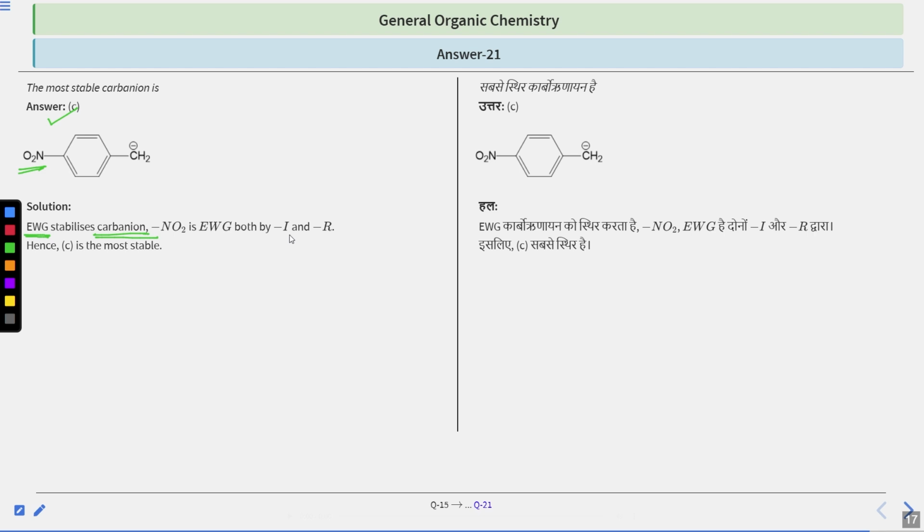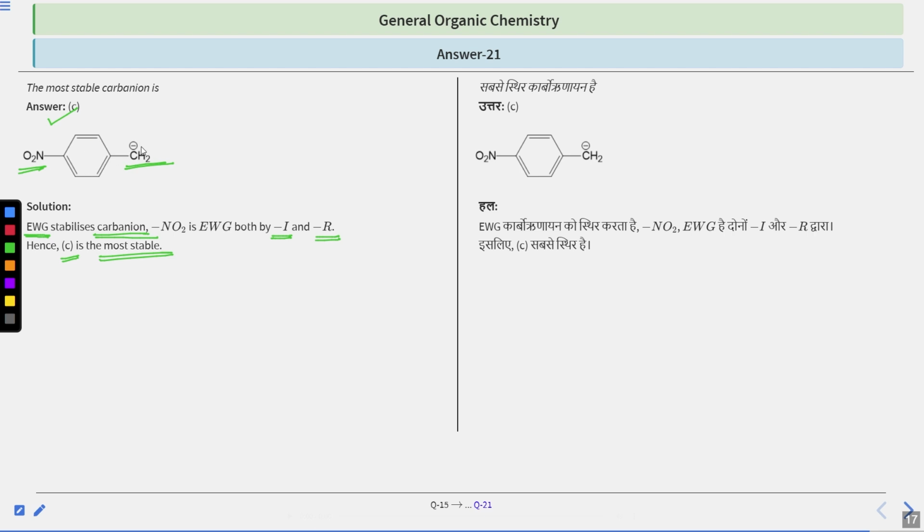That's why both by the minus inductive effect and minus resonance effect, this carbanion will get stable, and hence option C is the most stable compound. Right, because NO2 is an electron withdrawing group. It will withdraw this negative charge, withdraw these electrons and make the CH2 stable, and also the resonance effect will be shown by the benzene ring.